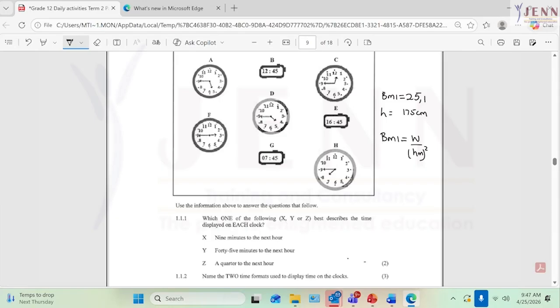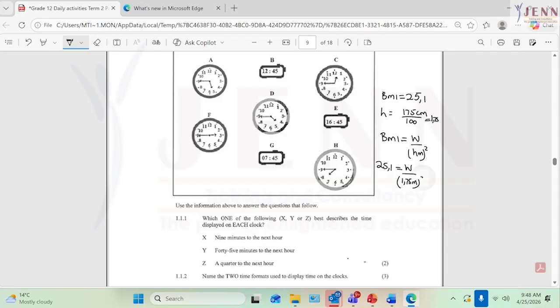So remember to convert, there is a mark for conversion there. The height in meters will be 1.75 meters. Now, what is the next step? You substitute. We substitute BMI with 25.1, which is equal to weight, which is unknown, over the height, which is known, 1.75 meters.